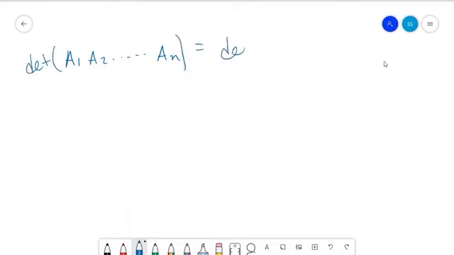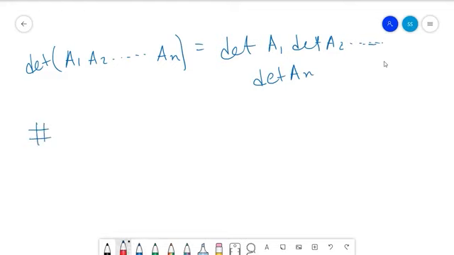So this will decompose into determinant of A1, determinant of A2, up to determinant of AN. This determinant is a non-linear operator.